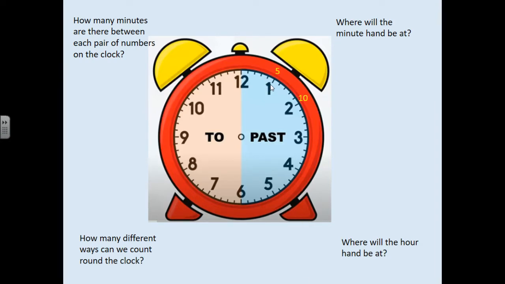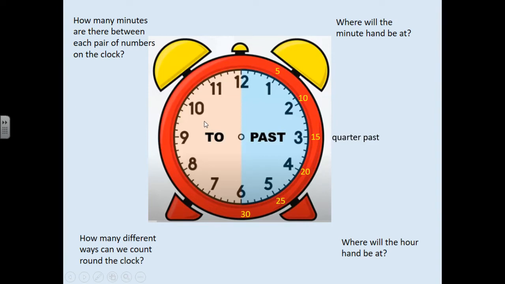On 2, that will be 10 minutes. On 3 will be 15 minutes, or what was it we learned yesterday? Quarter past. On 4, it's 20 minutes. On 5, it's 25 minutes. And when it reaches 6, it'll be 30 minutes, or half past. So these are minutes past the hour.